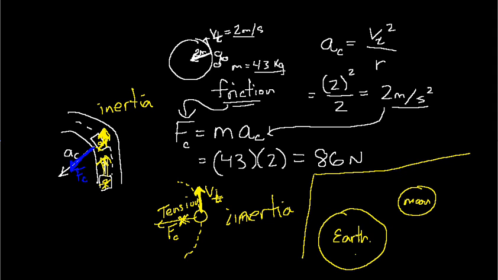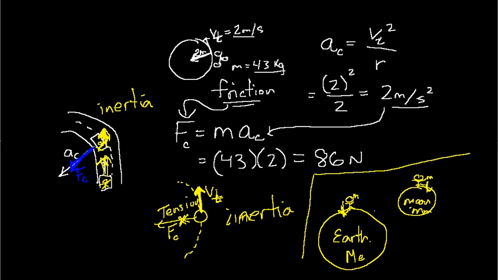So this is the mass of the Earth and the mass of the moon. If a guy is standing here on Earth, the force of gravity is down, and he weighs a certain amount. His mass is little m. Now if he's standing on the moon, he still has the same mass, but the force of gravity is less.